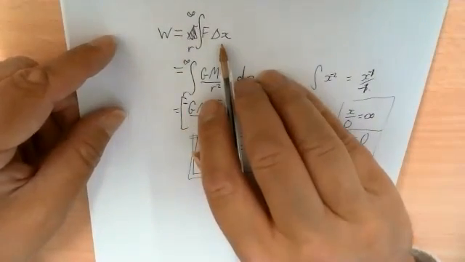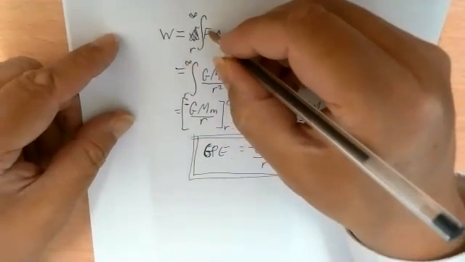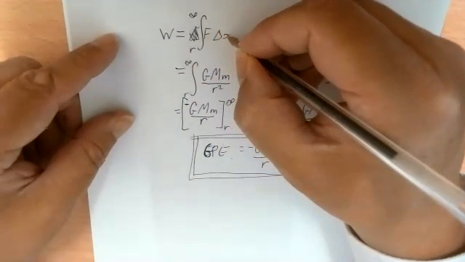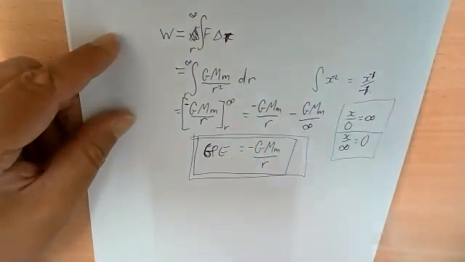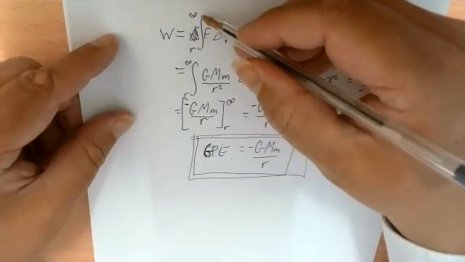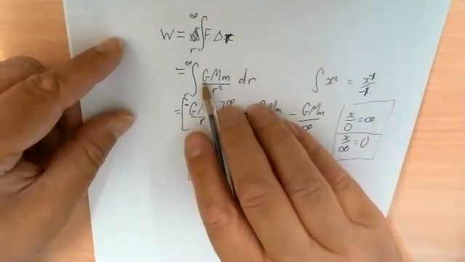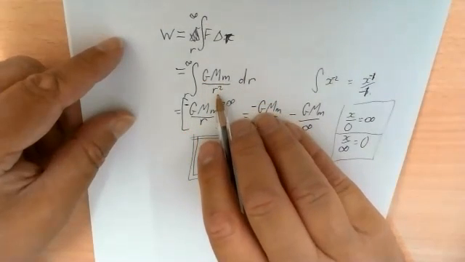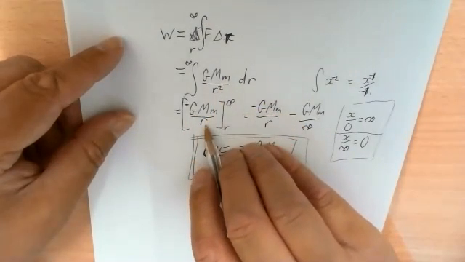But actually, work done is the integral of force multiplied by distance for a change in r. So what you've got here is an integration. We know that the force is big G, big M, little m over r squared. But if you integrate that, you end up with minus G big M little m over r. That makes sense? Okay.